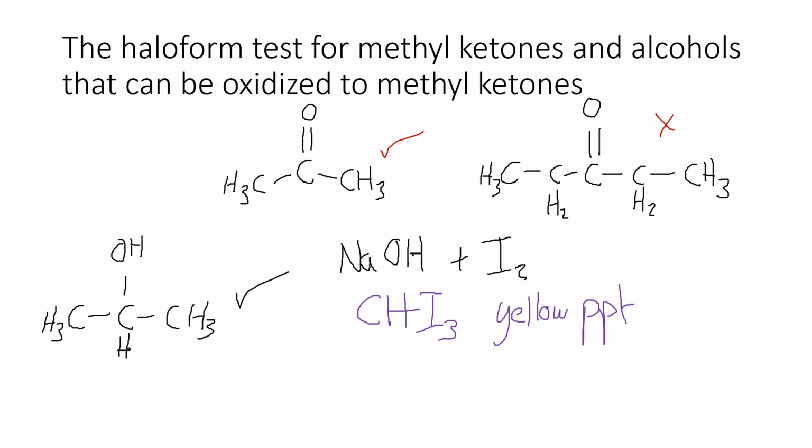And the precipitate is this CHI3, and that's basically where the hydrogens of the methyl group that are bonded next to the ketone swap for iodines till eventually you get this CHI3 that breaks away from the molecule, which is what the precipitate is. Okay, so it's a test for methyl ketones and alcohols that could be oxidized to methyl ketones.